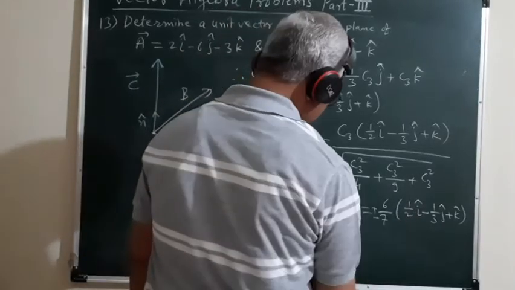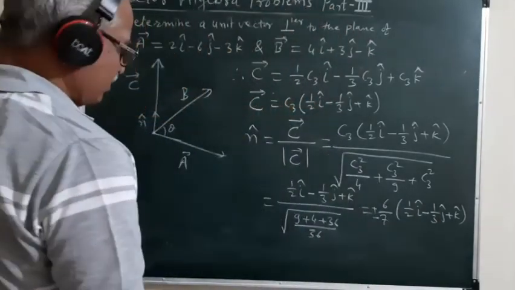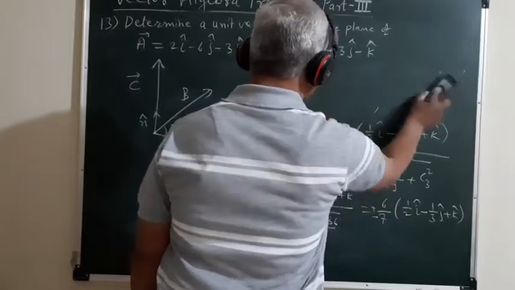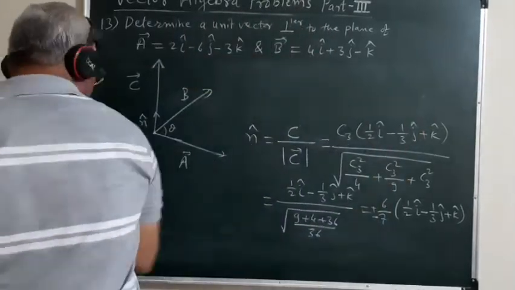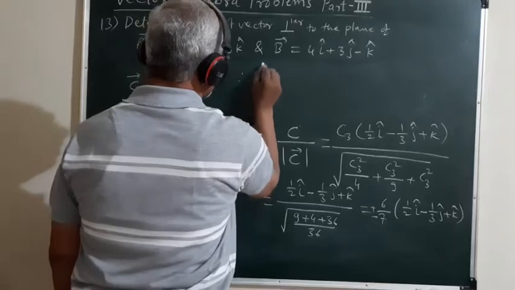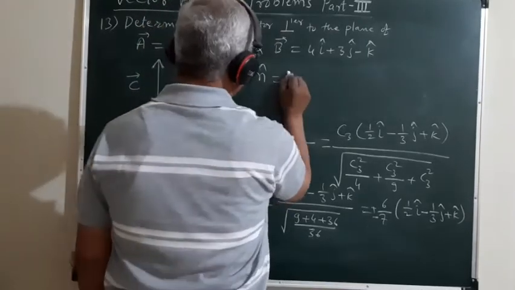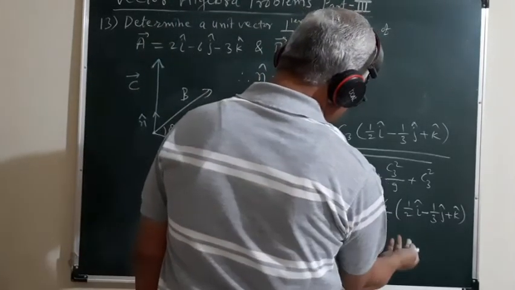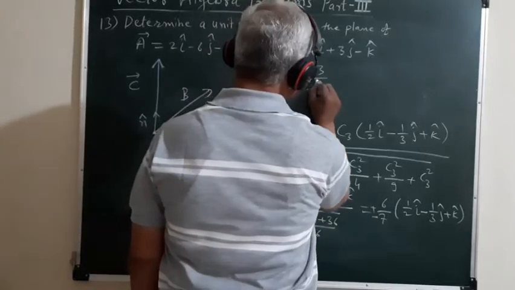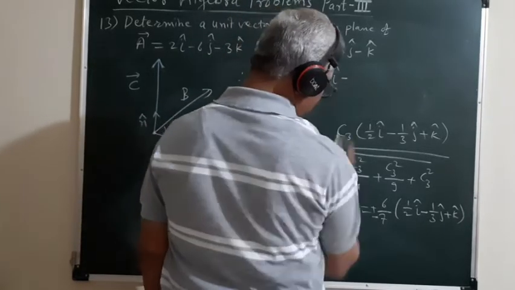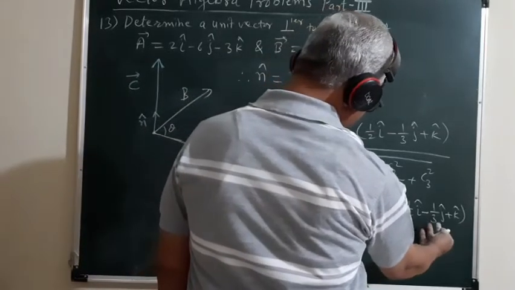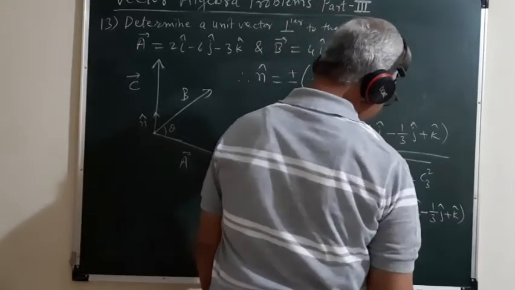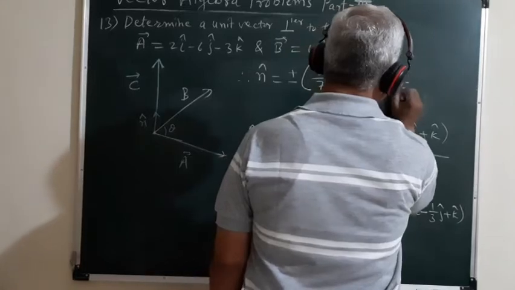So if we multiply the bracket by 6 by 7, this expression can be expressed as, therefore, n cap is equal to plus minus into bracket 6 by 7 into 1 by 2 is 3 by 7 i cap minus 6 by 3 is 2 by 7 j cap plus 6 by 7 k cap.